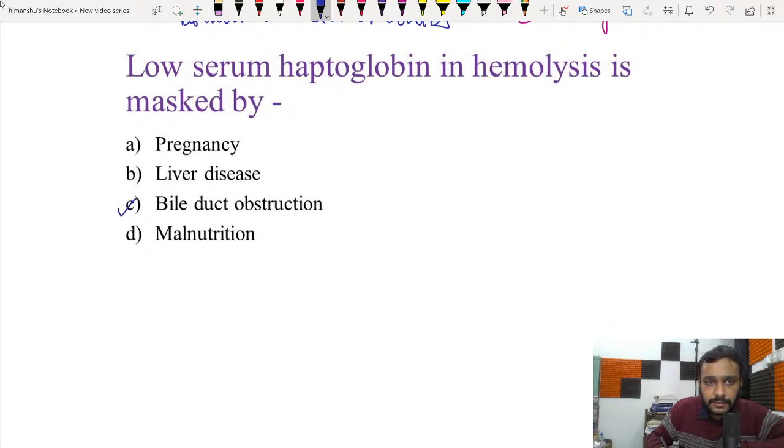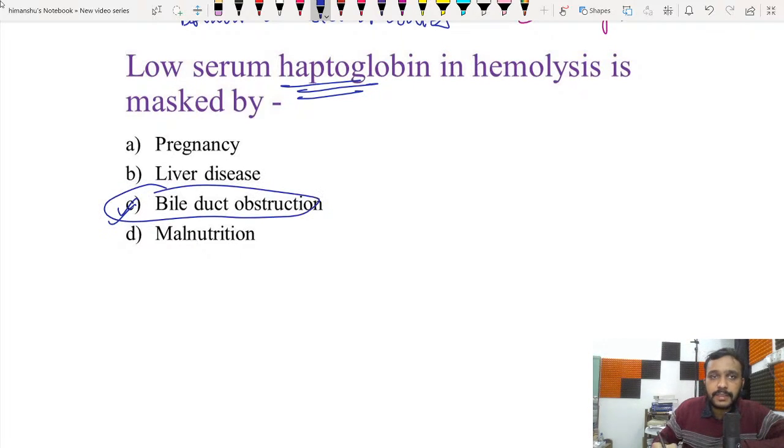So guys, the answer is bile duct obstruction. Remember, the haptoglobin plus hemoglobin complex is excreted through bile. Then it enters the enterohepatic circulation, and after that it is excreted through the kidneys.